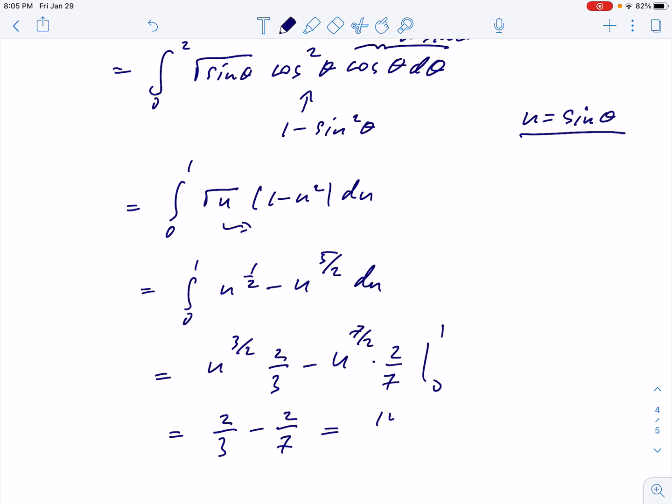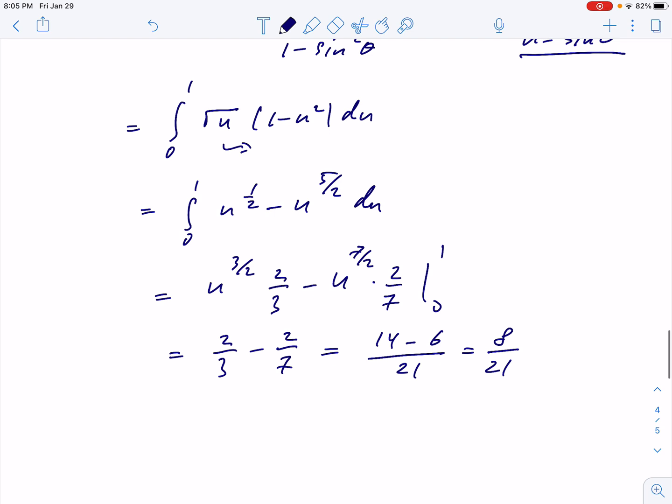So this will be 14 minus 6 over 21. So that's, I guess, 8 over 21. Yeah, and we stop here. We have a numerical value, 8 over 21.